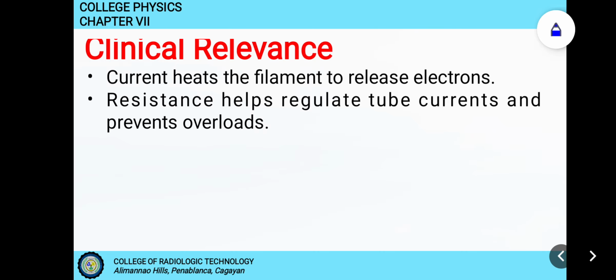If the temperature is high, the filament will release electrons. Resistance helps regulate tube currents and prevent overloads. Take note that resistance prevents overload, because if there is an overload, it can spark or cause a short circuit. That's why we need resistance.